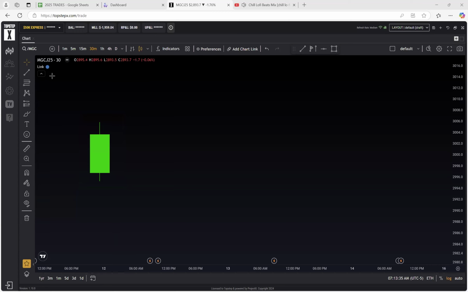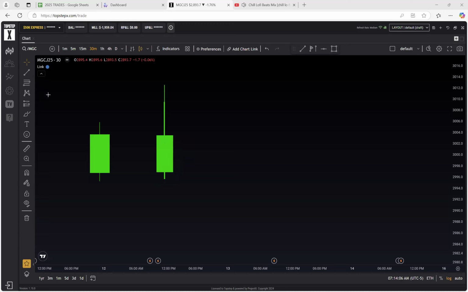An exhaustion wick is when the wick is bigger than the body of the candle. All right, I'll repeat that again. An exhaustion wick is when the wick is bigger than the body of the candle, right? Looking something like this. So we have a full body, we have a bottom wick, but we have a steep wick to the upside, right?